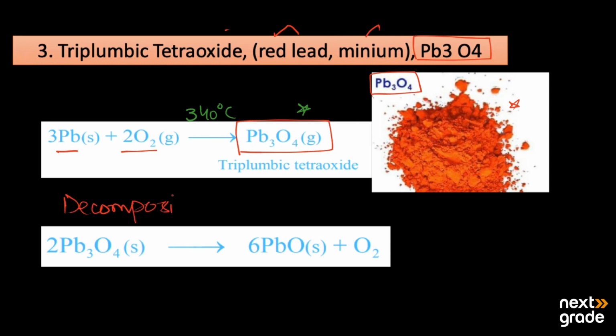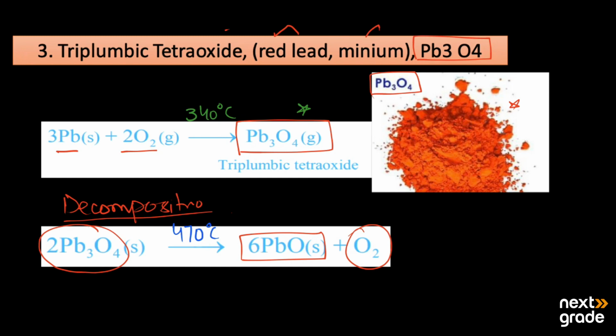When we heat the triplumbic tetraoxide, it decomposes. It produces lead oxide in the solid state as well as oxygen gas, and its decomposition occurs at 470 degrees Celsius.